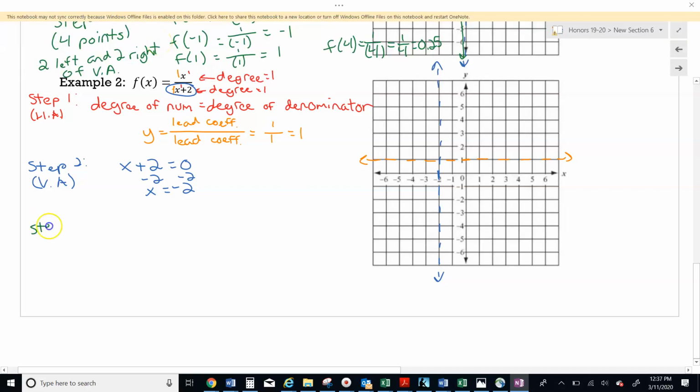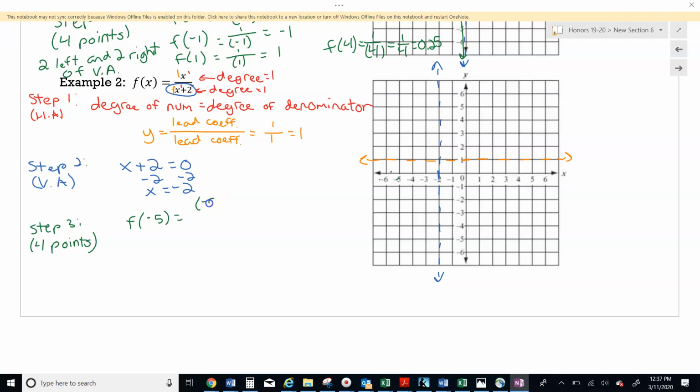Step 3. 4 points. So I'll go to the left, and I just choose any number over here. Let's choose negative 5. It doesn't matter, right? As long as it's to the left of your vertical asymptote. So I'm plugging it in.